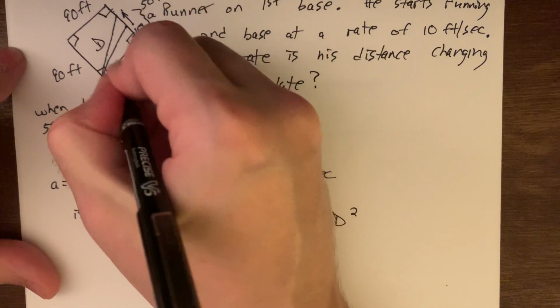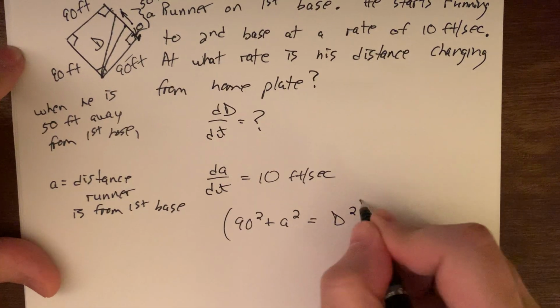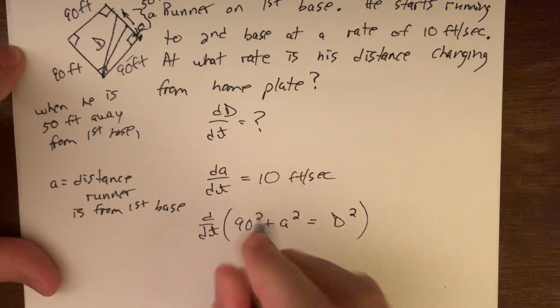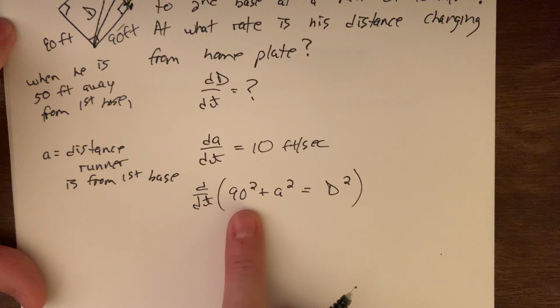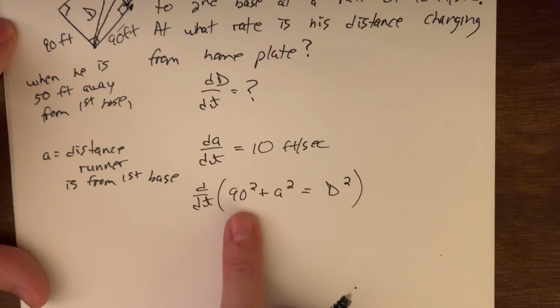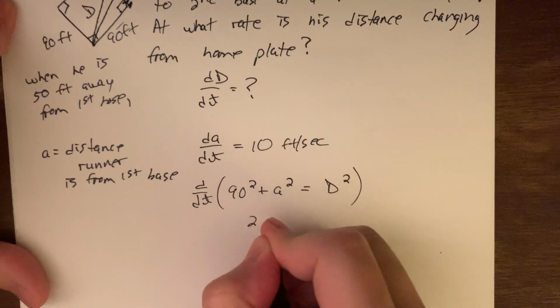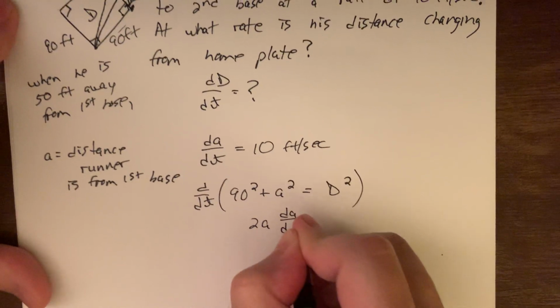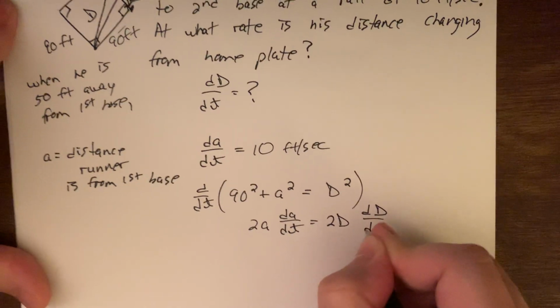Here I realized this side was also 90 feet. I plug that in and then take my derivative. And I mentioned this earlier with pi. Don't be fooled here. Don't go 2 times 90 to the first power. That derivative is just 0. Here we get a 2A dA/dt. Here we get a 2D dD/dt.